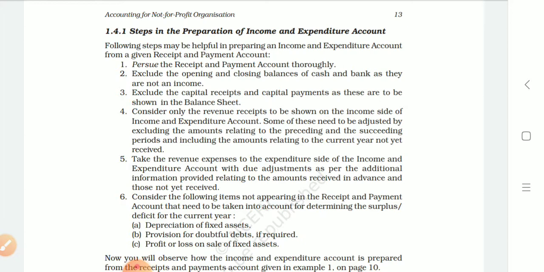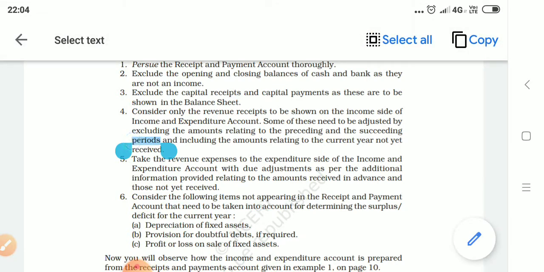Revenue means recurring, day-to-day expenses, day-to-day income, monthly expenses, monthly income. So consider only the revenue receipts to be shown on the income side of the income and expenditure account, and some of these need to be adjusted by excluding the amounts relating to the preceding year and succeeding periods and including the amounts relating to the current year not yet received. What does this mean? Certain revenues and expenses have to be adjusted. What kind of adjustment?